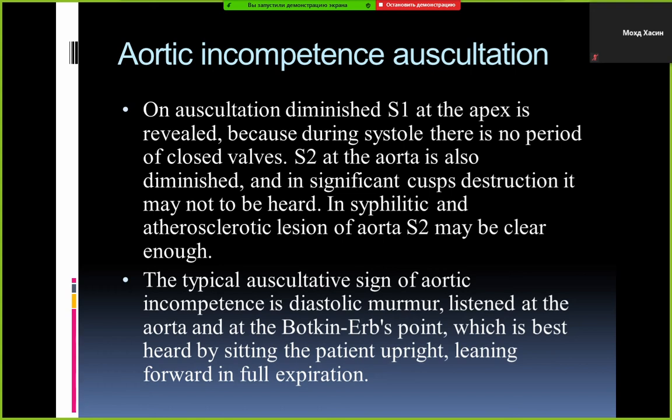And the most typical auscultative symptom of aortic incompetence is diastolic murmur, which is listened to at the aorta and in the additional Botkin-Erb point, and is best heard by sitting the patient upright, leaning forward in full expiration.